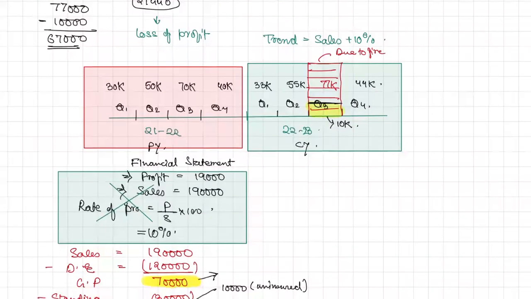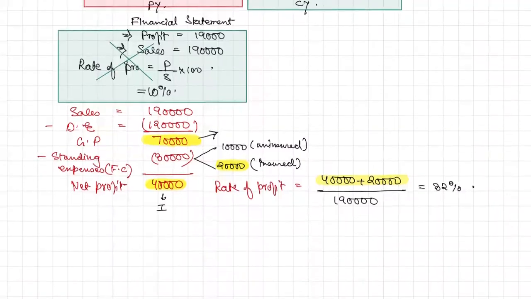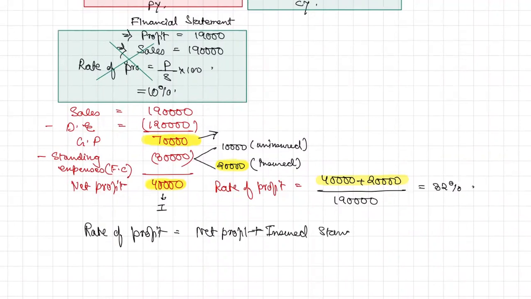Okay, so what I have done to calculate rate of profit, I have taken net profit plus insured standing charges, whole divided by sales into 100.